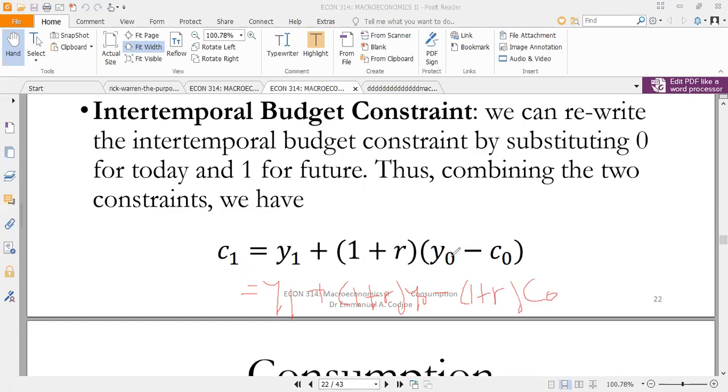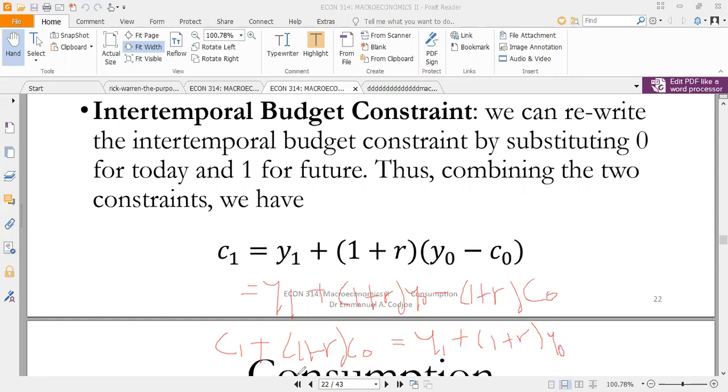Okay, we've expanded this, right? So we can bring this one here. We can bring this C0 here. So we'll have C1 plus (1 + R) C0 is equal to Y1 plus (1 + R) Y0.